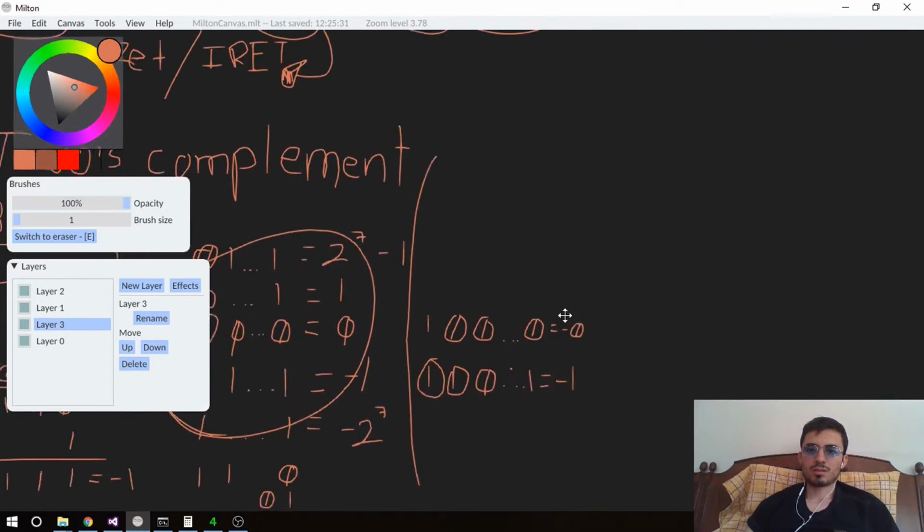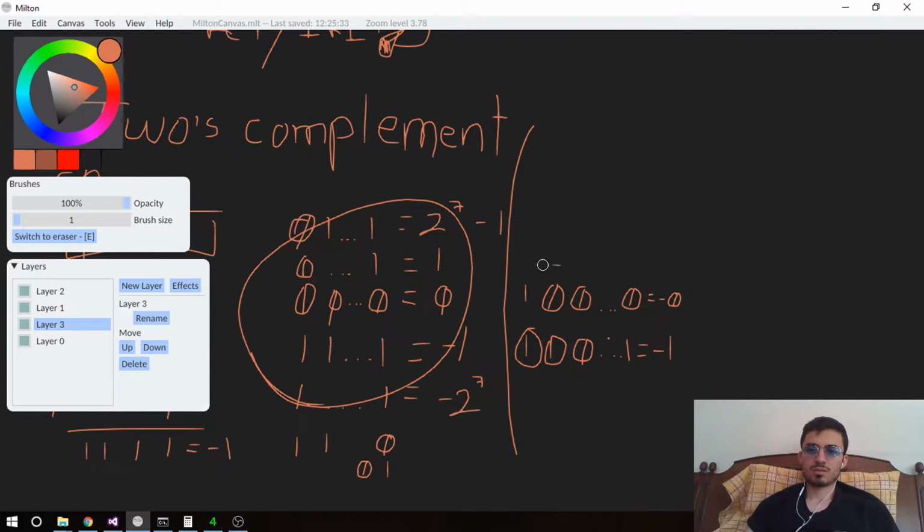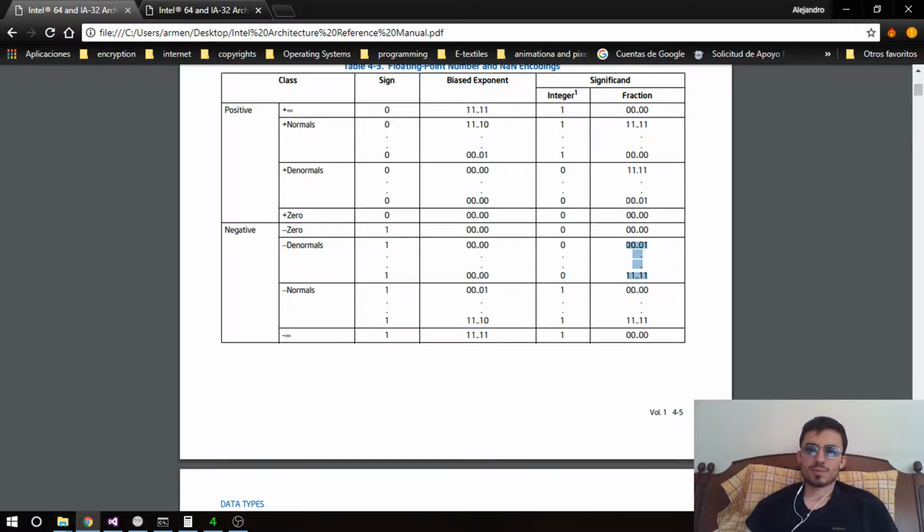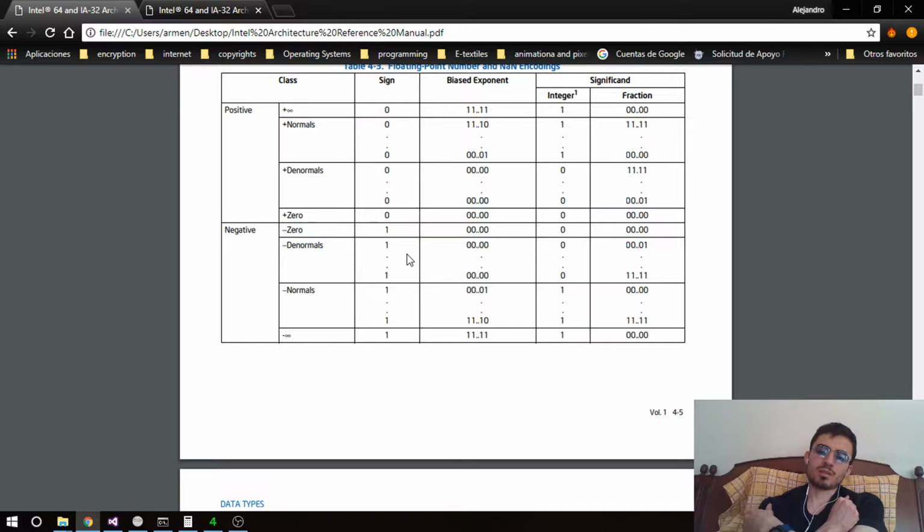As this thing, which basically they use the sign to differentiate between a positive and a negative number, and that's all.